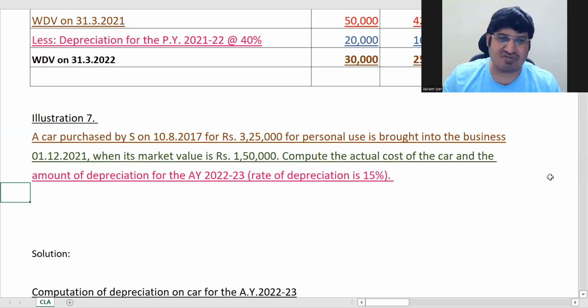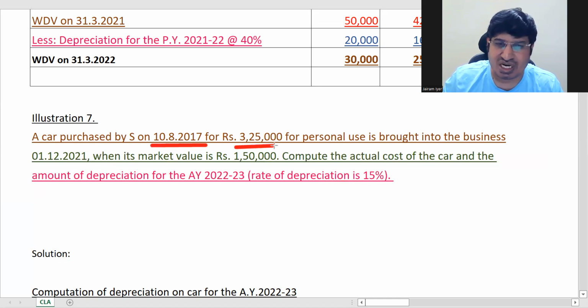ठीक है, तो स्ट्रेट फॉरवर्ड दिया है यहाँ पे. Here it's straightforward. Car was purchased on 10/8/2017, value is 3,25,000. He brought it into business on 1/12/2021, and current market value is 1,50,000.